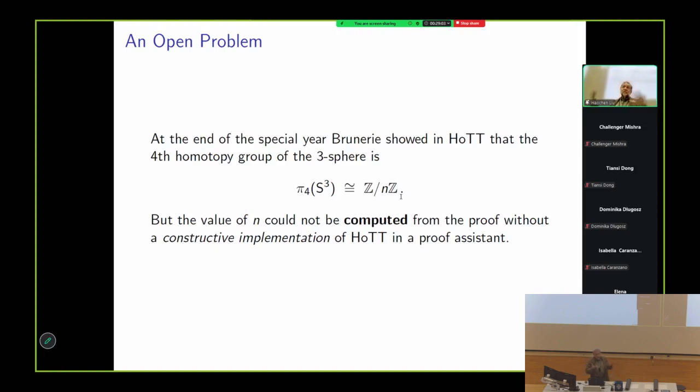Because part of what we were doing is we were doing these proofs on the chalkboard and on paper, and at the same time developing computational proof assistants that would implement the system. But at that point, we did not yet have a proof assistant that implemented this proof. We were hacking it, but it didn't implement this proof. And so we couldn't compute the value of n, despite the fact that we had a constructive proof that there exists an n such that Z mod n is pi4 of S3.